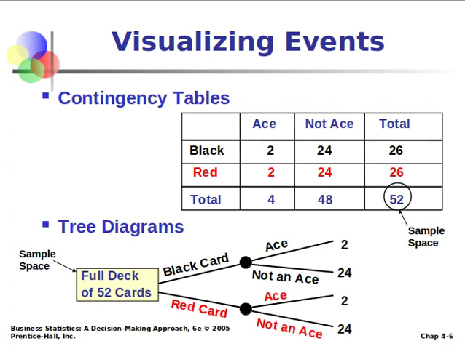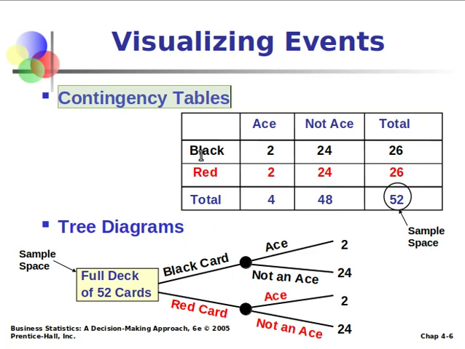Now, visualizing events, because events is actually an idea, but we can visualize events using a contingency table like this, where we enter, for example, if we talk about cards with 52 cards, that would be the sample space, all the possible outcomes of a game of card. 52 ang sample space niya.